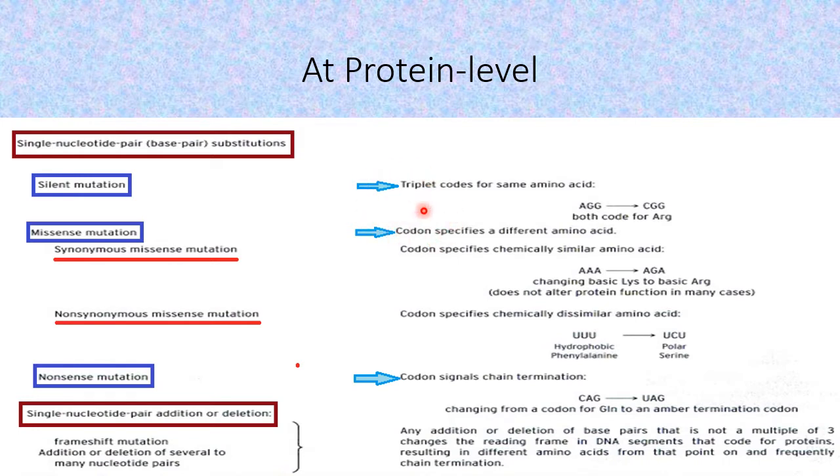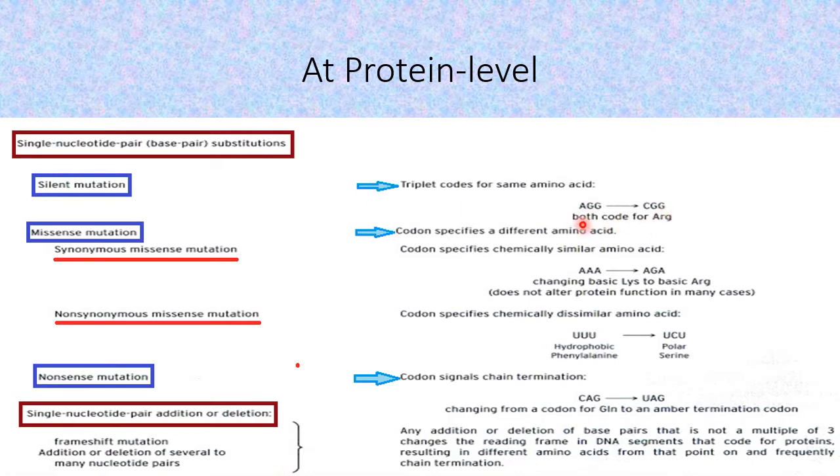But here we are trying to co-link what happens as a result of the particular mutation or change on the nucleotide level. So if the change is of the sort that it codes for the same amino acid, because we know that the genetic code is degenerate. So arginine is coded by both AGG as well as CGG.